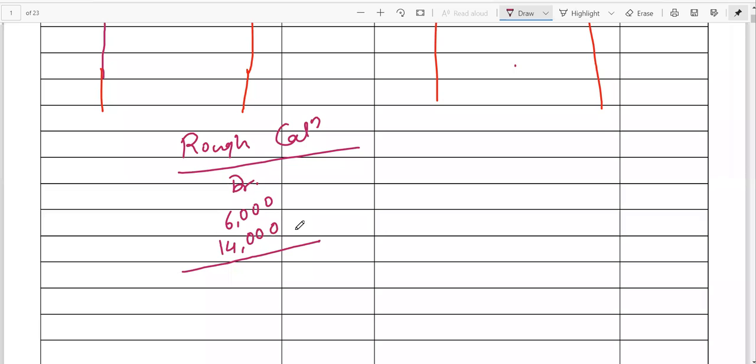Please tell me the total. 6,000 plus 14,000. Okay, 20,000. Very good. Everyone is saying 20,000. This is debit side total.